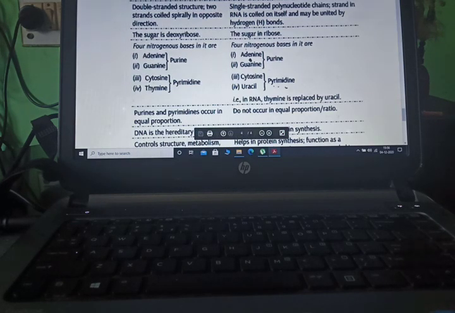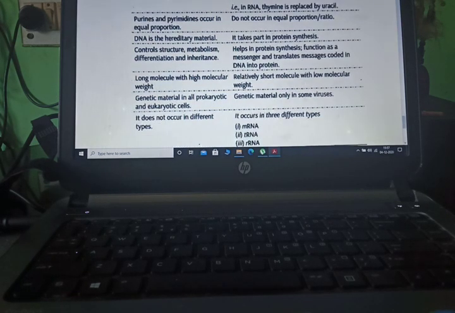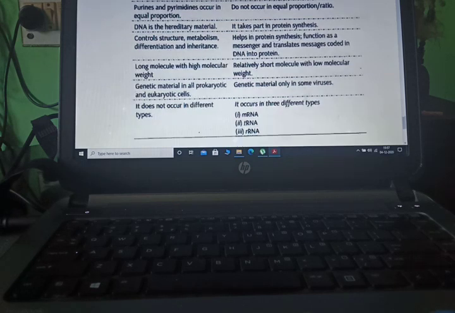In RNA, the bases are adenine, guanine, cytosine and uracil, that is purine and pyrimidine. In DNA, purine and pyrimidine occur in equal proportion, in RNA they are not in equal proportion. DNA is hereditary material. RNA takes part in protein synthesis. DNA controls structure, metabolism, differentiation and inheritance, and RNA helps in protein synthesis and functions as a messenger.